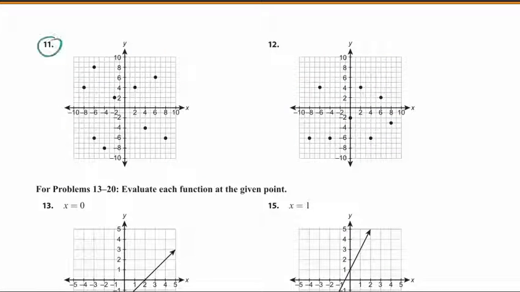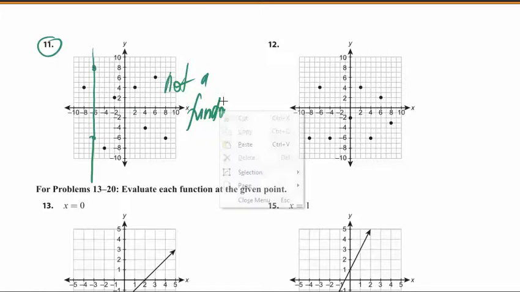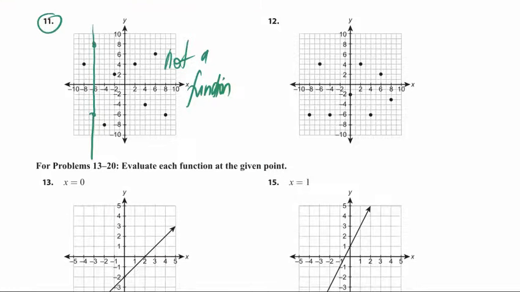Same story. If you draw a vertical line at -6, it crosses through two different points. This is not a function. Alright, and so on with all the others.